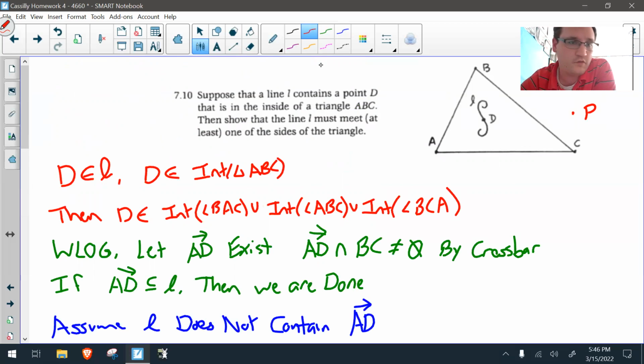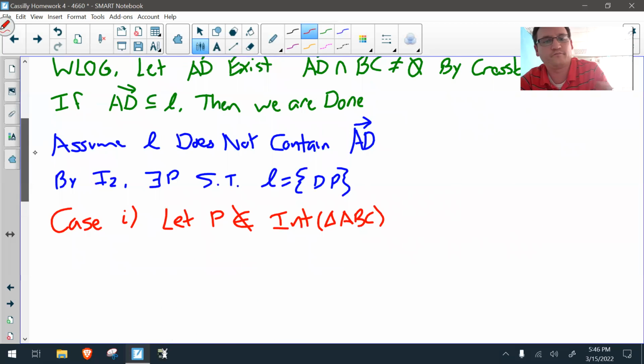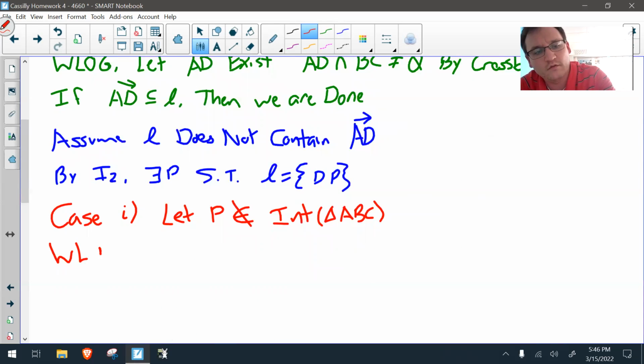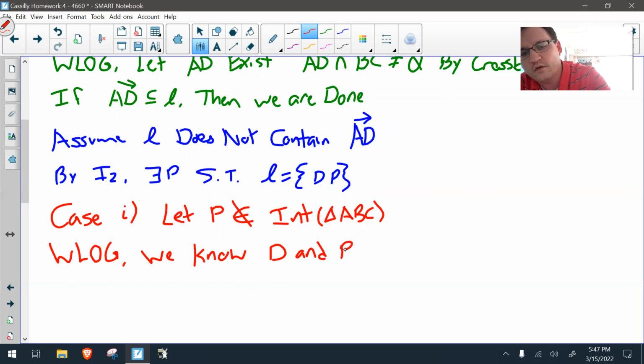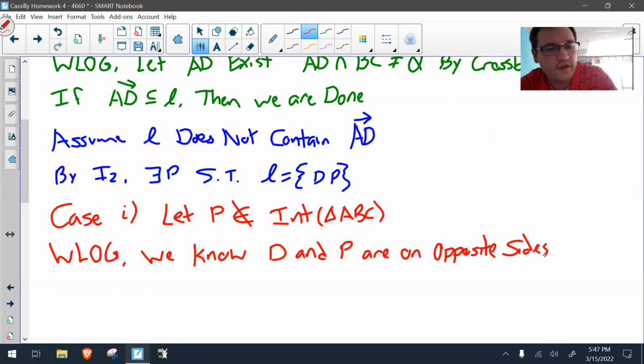Without loss of generality, we know that point D and point P are going to be on opposite sides of segment BC. Okay, and that's useful.